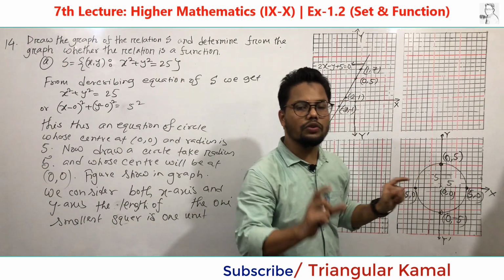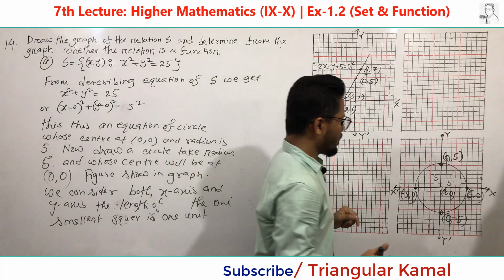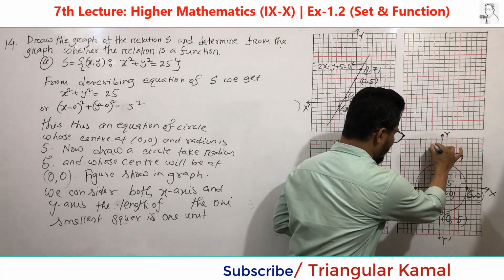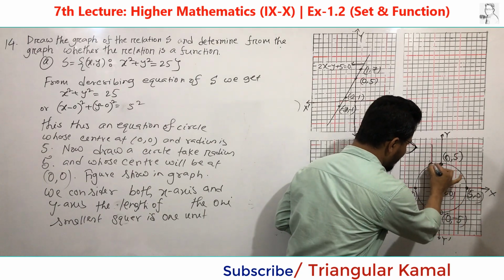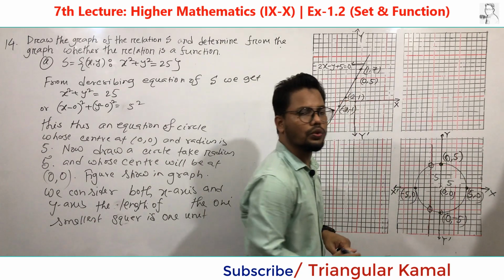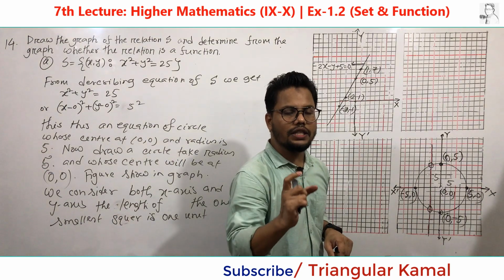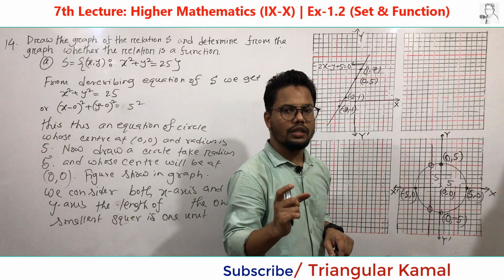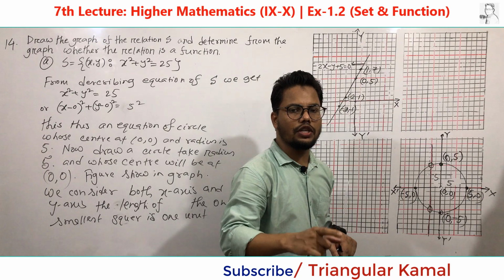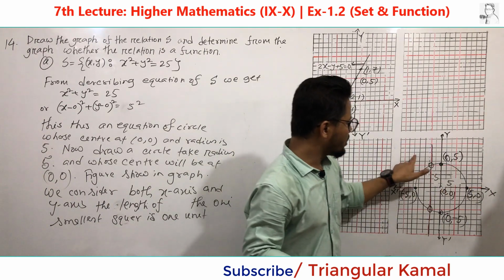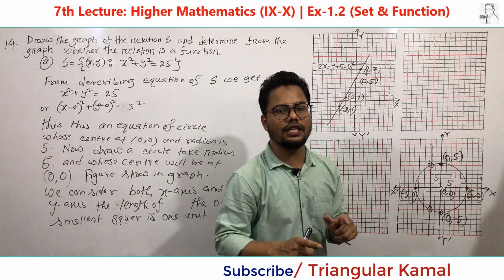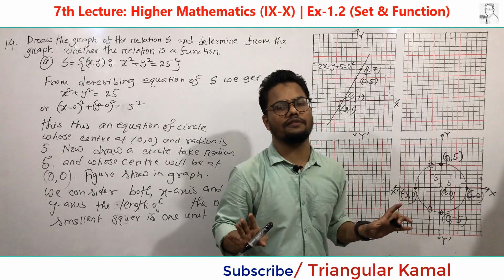So this one will not be a function. Or if you draw a line parallel to the y-axis like this one, how many intersecting points will you get? 2. When we get 2 intersecting points after drawing a line parallel to the y-axis, this indicates that this relation or graph will not be a function.